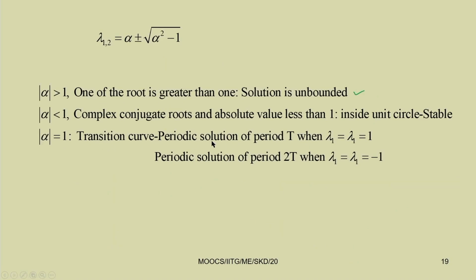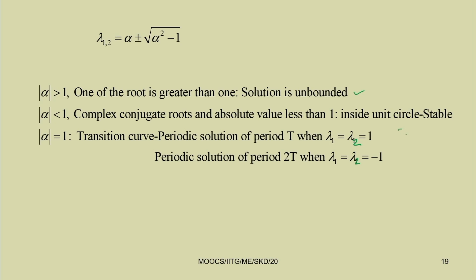We have a transition curve: a periodic solution of period T when lambda 1 equals lambda 2 equals 1. Similarly, a periodic solution of period 2T when lambda 1 equals lambda 2 equals minus 1.